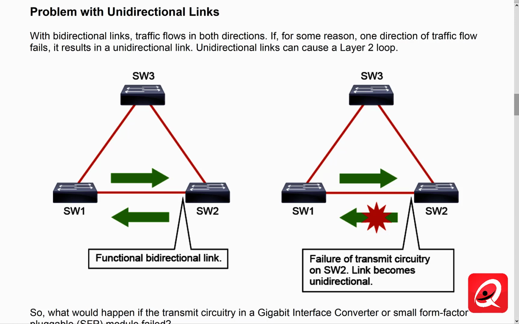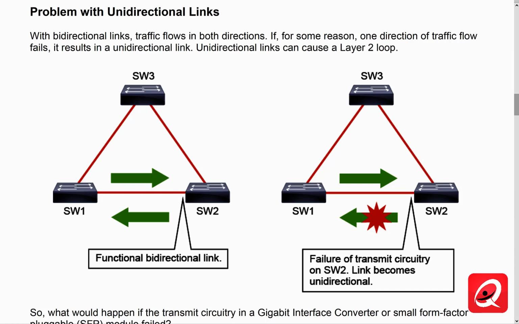So it is possible that one of those strands gets damaged or one of those strands is not plugged in. Then you'll have unidirectional data flow. The link will still be up, the port will still be active, but we have data flow in one direction. And obviously, if I'm not receiving BPDUs in both directions, that could definitely result in some sort of strange topology happening or some loop in the network.